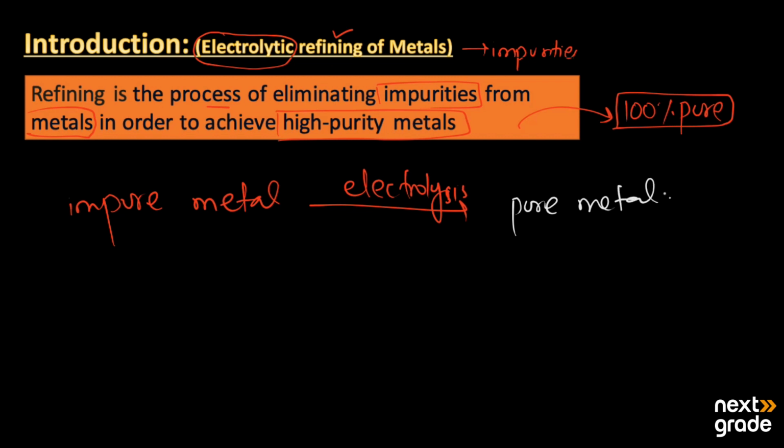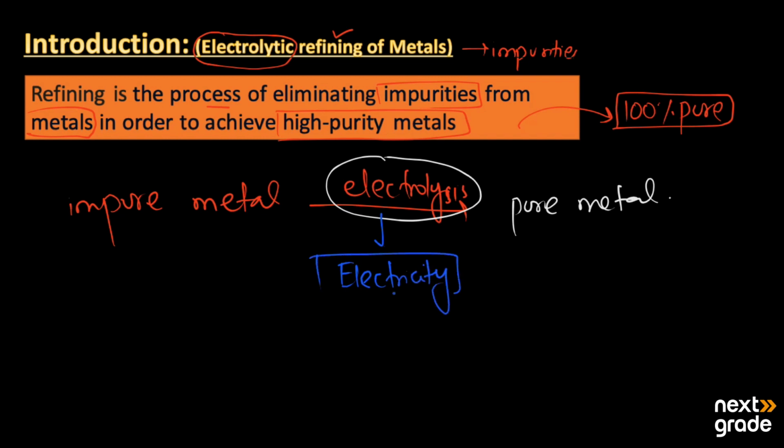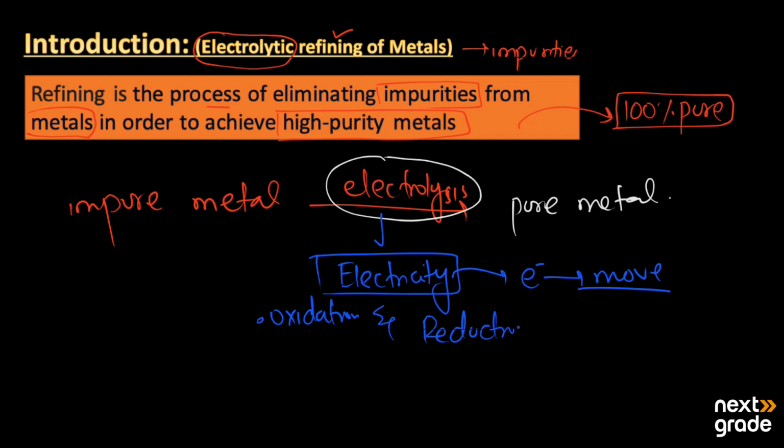So now what happens in this electrolytic process? Basically electricity is passed through the electrodes, and the electrons move. The process of oxidation and reduction takes place, as a result of which the metal that we gain will be in pure form.